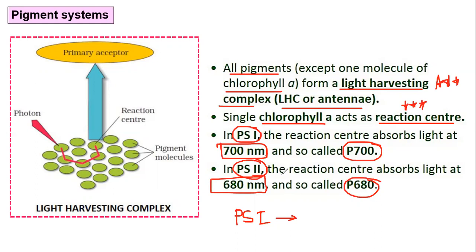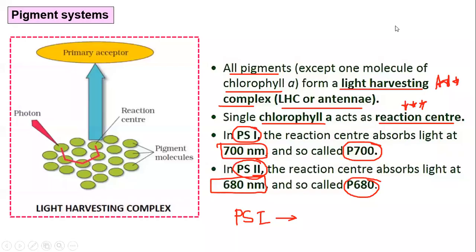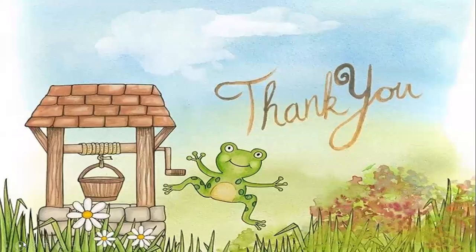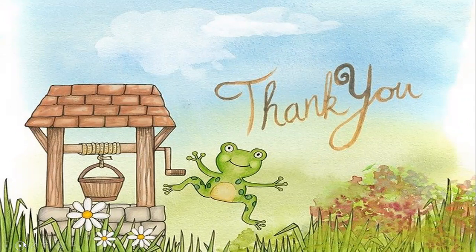These are the two important points that should come to your mind when you remember PS1 and PS2. Today we learned about two photopigment systems, PS1, which absorbs light of wavelength 700 nanometer, and PS2, which absorbs light of wavelength 680 nanometer.